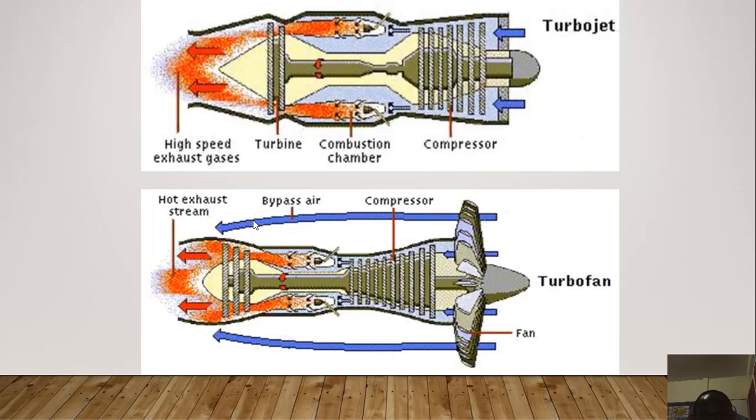Briefly we can see how a turbojet is. We have our intake here, the compressor section, the combustion section, then the turbine, the turbine turning the compressor. Then we see the high-speed exhaust gases.